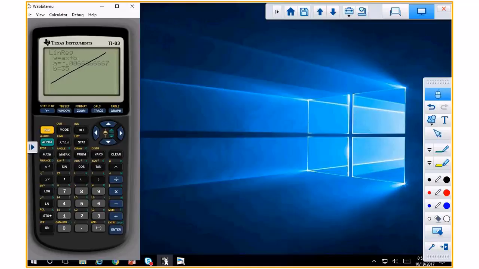Go back to stat. Is everybody listening? Yes. Okay, go to calculate. Linear regression. Enter. Second, 1, comma. Second, 2. And hit enter. And there is your slope and your y-intercept.